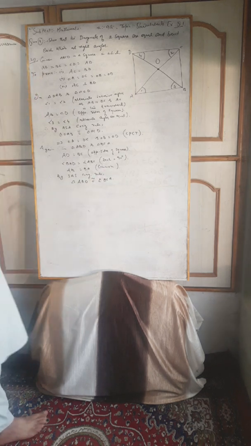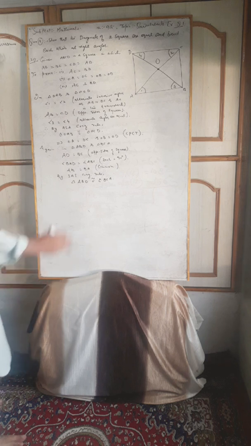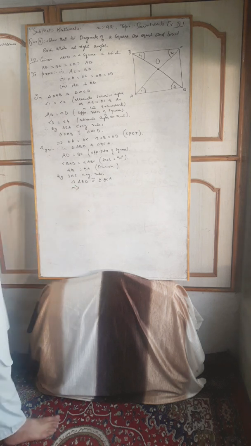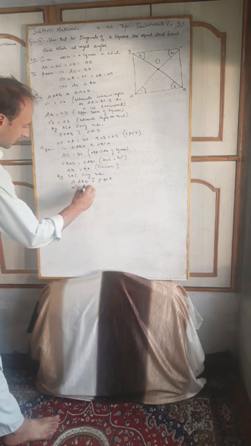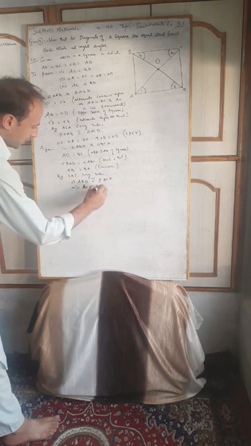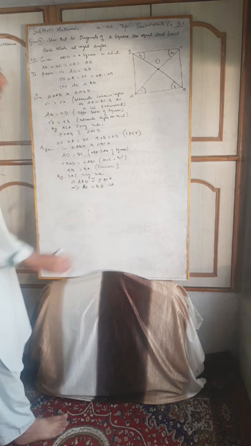When the two triangles are congruent, the corresponding sides are equal. It implies AC is equal to BD. That is, the diagonals are equal.